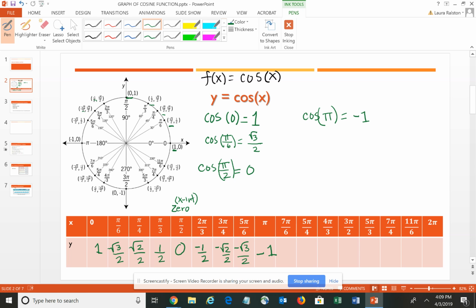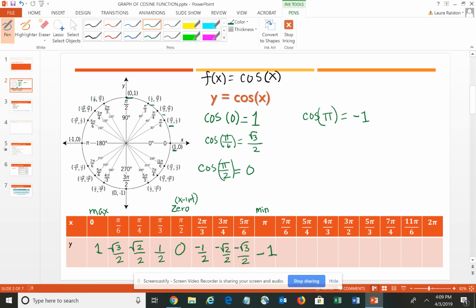Again, notice the high point or the maximum is 1 and the minimum is negative 1. Again, because the unit circle only has a radius of 1. So we go 1 positive and 1 negative.